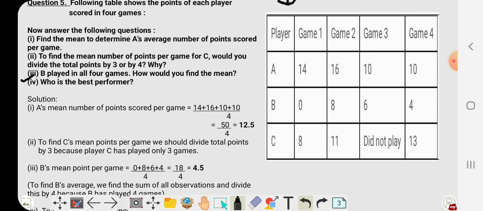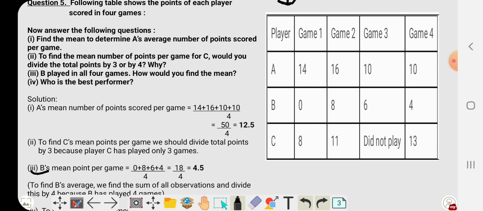Now we have to find the third one. B played in all 4 games. How would you find the mean? Yes, B has played 4 games, so we will divide by 4. But somebody was thinking that here is the 0. It doesn't matter, he played the game, so we will count that one also. Therefore, to find the mean for B, we will add 0 plus 8 plus 6 plus 4 upon 4.